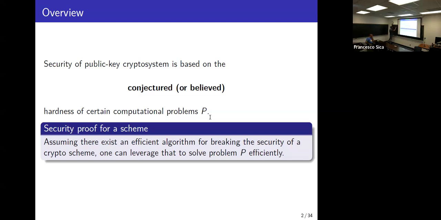For example, this can be an encryption scheme. This just means that if I can break encryption, I can turn this algorithm for breaking encryption into an algorithm for breaking P. For example, this can be a factoring problem, just as an example.